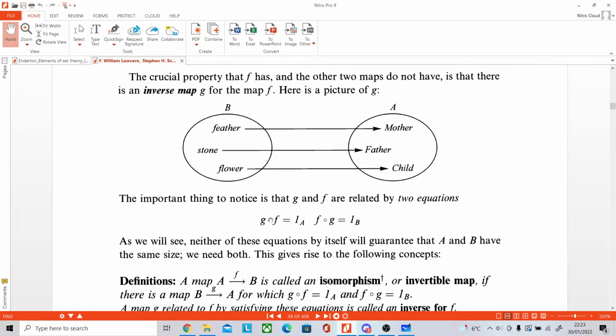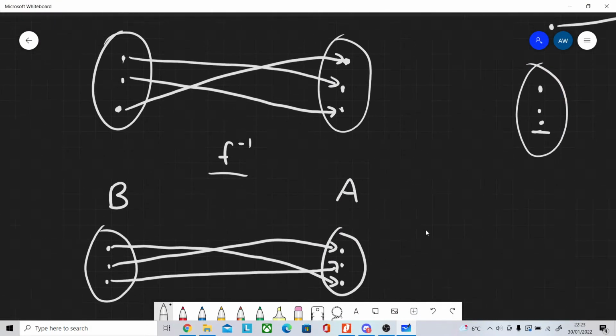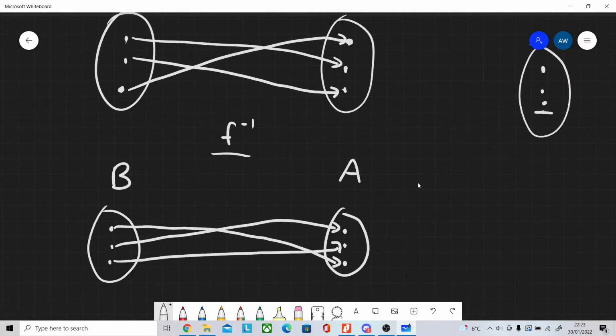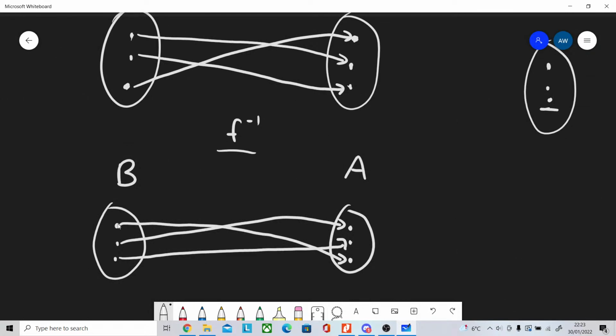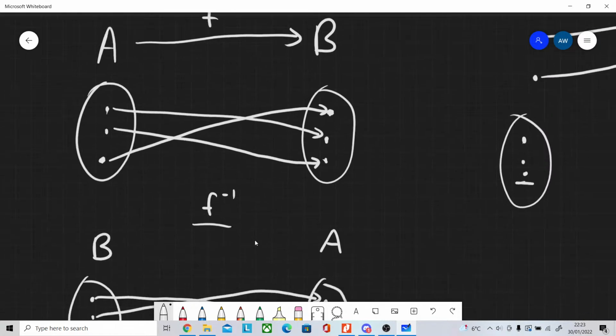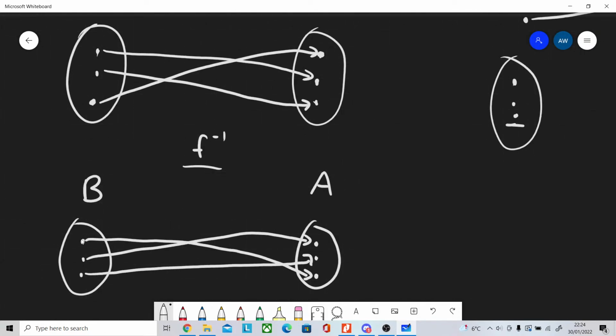Another cool thing about the inverse function is that it satisfies these formulas. If we try to compose them, then you'll see. If we compose f inverse with f, this is what we'll get. B gets mapped to the bottom, and then we go from the bottom back to the top. So the first element of B ends up going back to the first element of B. What about the second element of B?